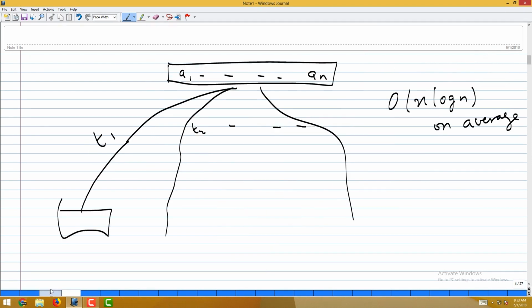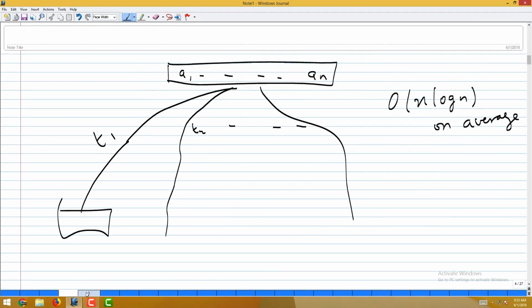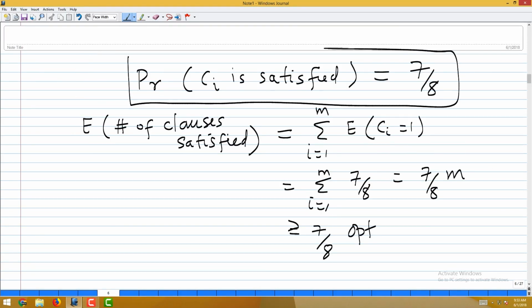So, what did we do there? For max SAT, you want to maximize the number of clauses satisfied, so I go to a clause and ask what is the probability that it is satisfied. What is it you want to maximize here? The number of edges crossing the cut.